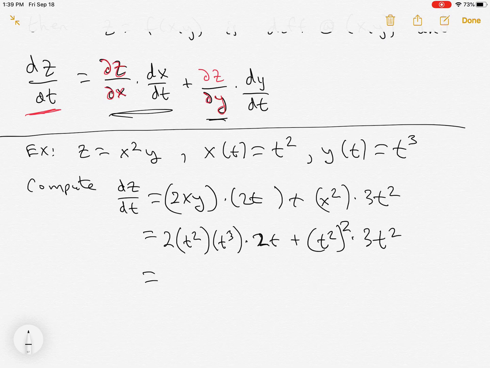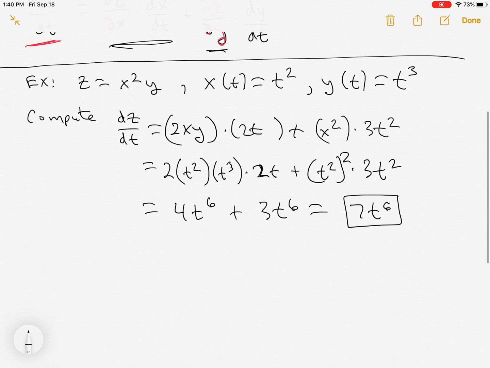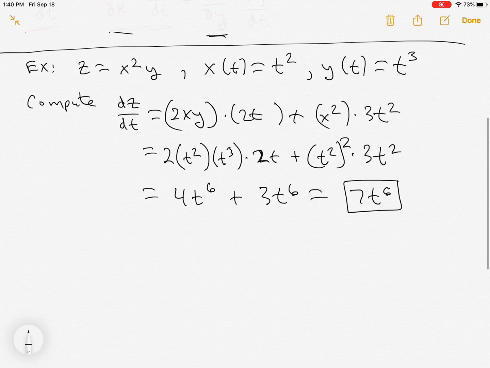This becomes 4t to the 6th, 2 plus 3 plus 1, plus 3t to the 6th, which is 7t to the 6th. Now we have dz dt in terms of t, and all the x's and y's are gone. We had to do a little bit of back substituting there, which is what you do with the chain rule in general, but we don't really talk about it that way.